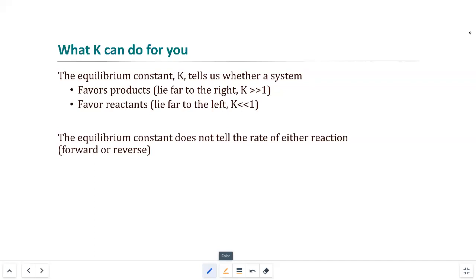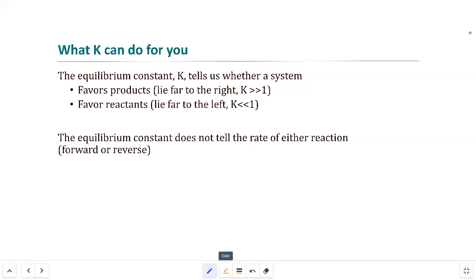If our K value is large, significantly greater than 1, we will talk about this as a product favored reaction. That means that the forward reaction is more favorable in some way than the reverse reaction is. And as a result, if I look at that mixture of reactants and products at that equilibrium point, I'm going to see that there is way more product than reactant.